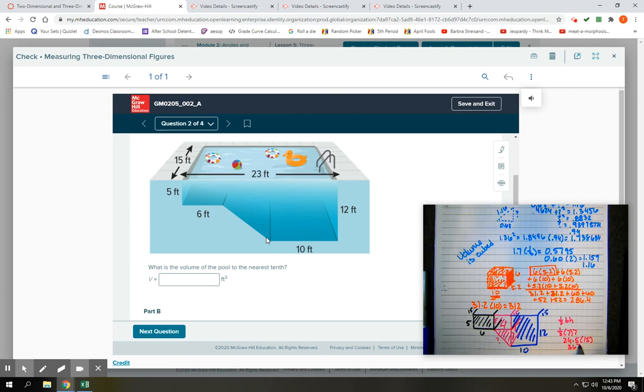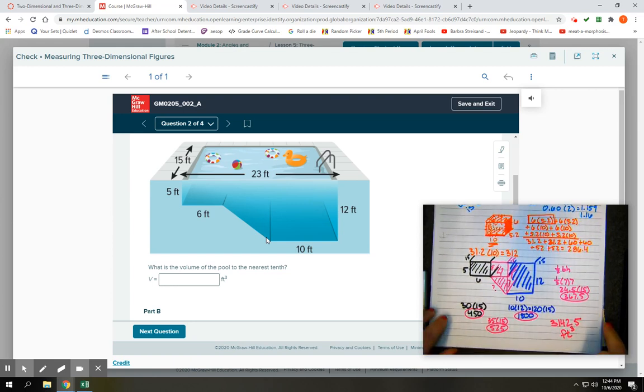So 367.5, and we've got to add all of these up to get the whole pool. So 450 plus 525 plus 367.5 plus 1,800 equals a big grand total of 3,142.5 cubic feet, or feet cubed, however you prefer to say that.